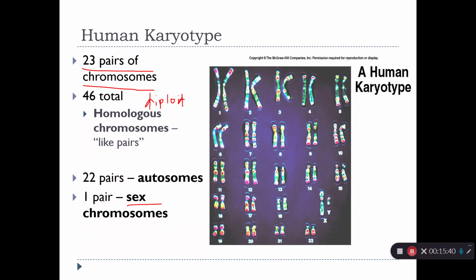The sex cells, the opposite of diploid, are called haploid, and they have 23 total. So you can see there's 22, and then X and Y make up the 23rd.